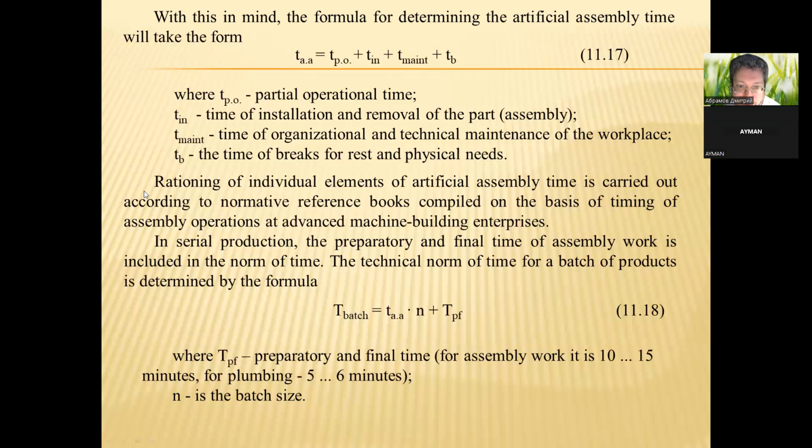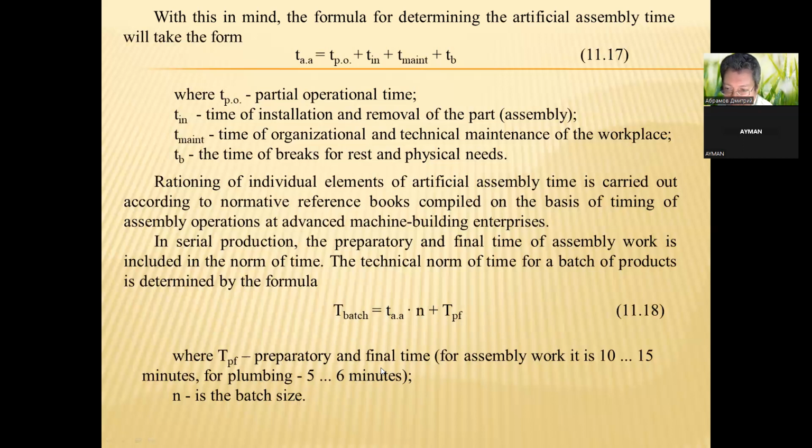In serial production, the preparatory and final time of assembly work is included in the norm of time. The technical norm of time for a batch of products is determined by the formula 11.18. In this formula, T_PF is preparatory and final time for assembly work.